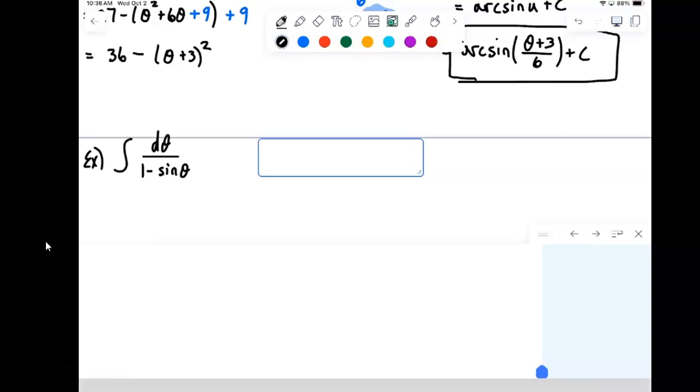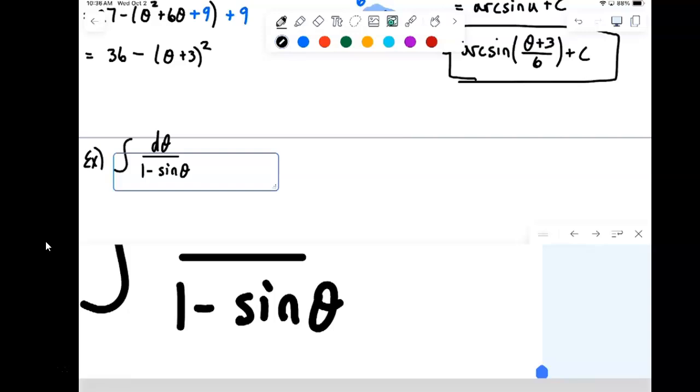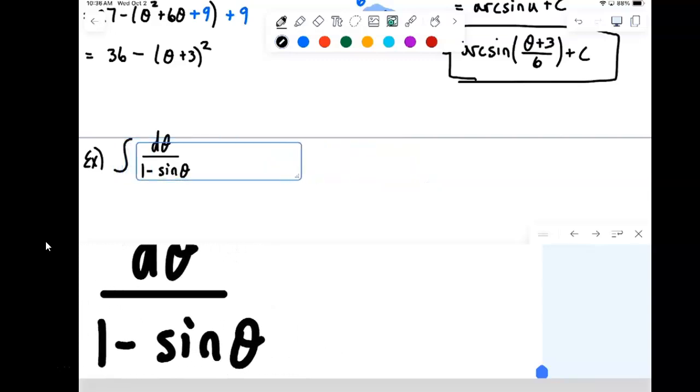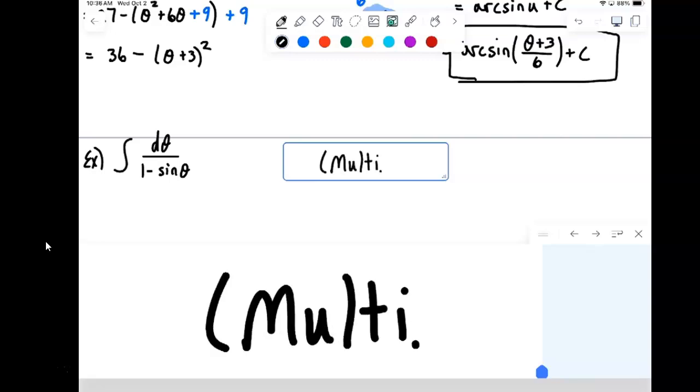Well, this is one where we actually go back to a series of trig identity techniques that we actually use. And so the key is actually going to be to multiply by 1.